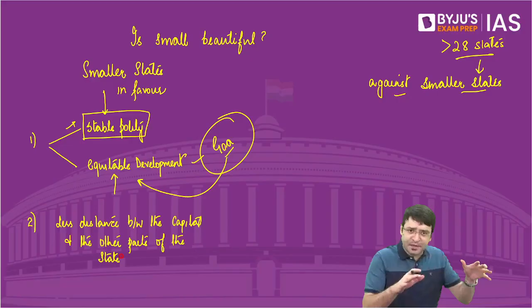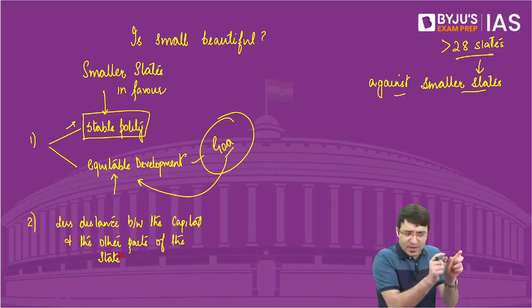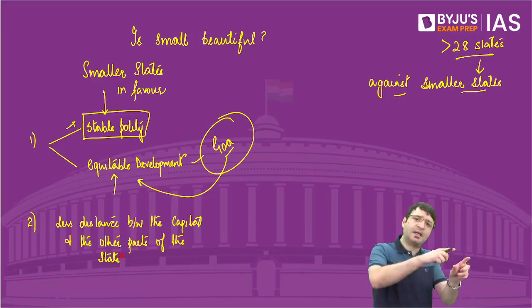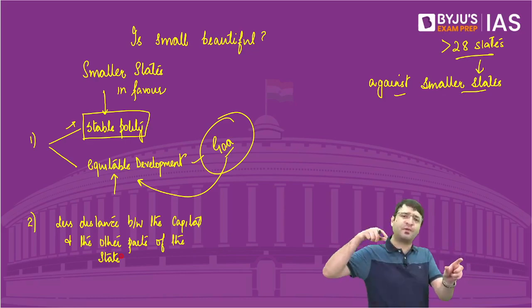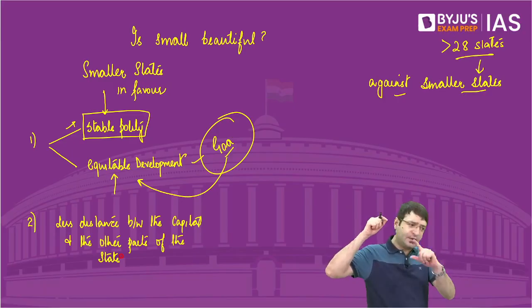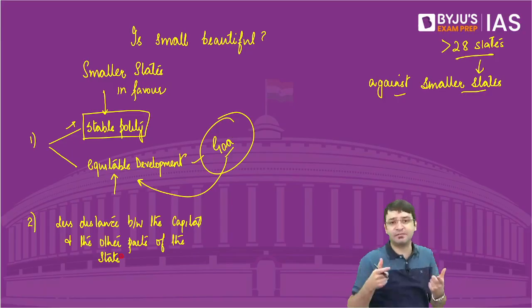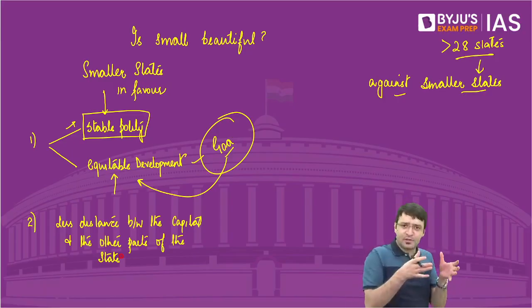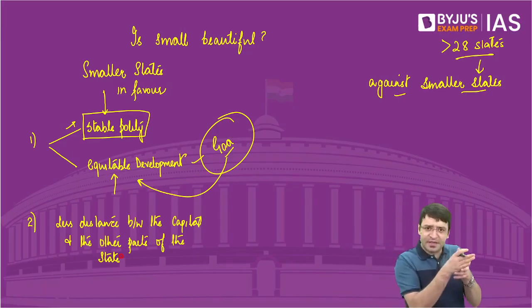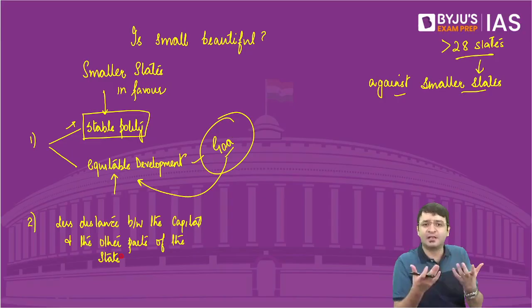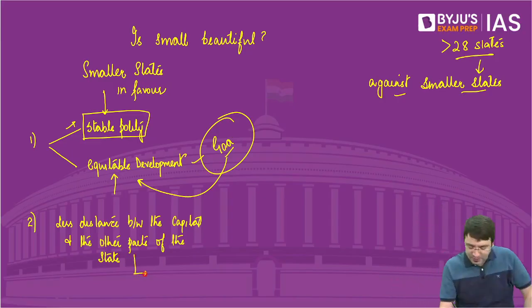If the state is bigger, Lucknow is in one part of Uttar Pradesh, but there are other areas of UP which are very far from this capital, which means if you have to meet ministers, if you have to meet secretariat officers, you have to travel long distances to reach the capital, which is a disadvantage. But if the state is smaller, the distance between the capital and the other areas of that state will be less, and ultimately it will be helpful for welfare.